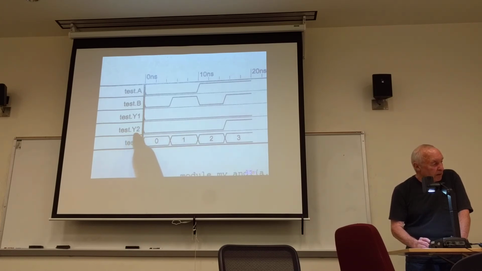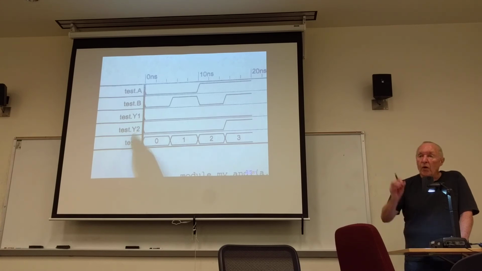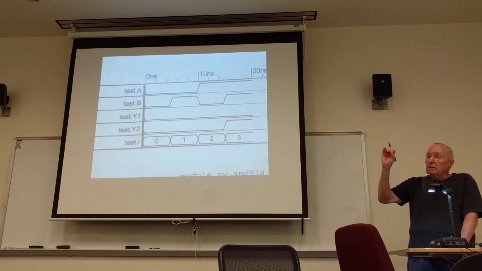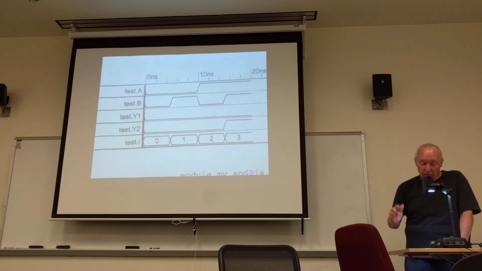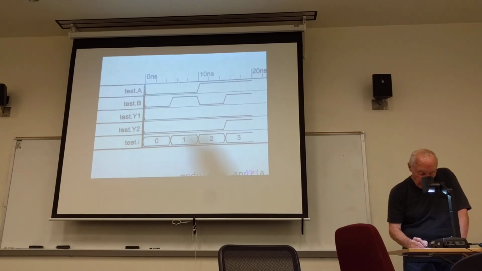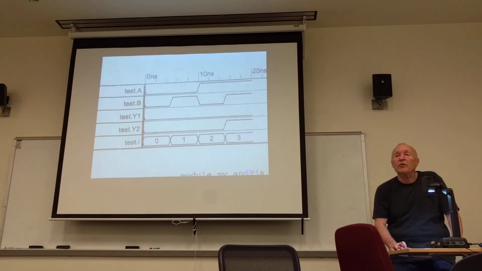Y2 is the correct encoding, where I have A and B both part of the event list, and you can see that only when the input is 1, 1 do I get a logic 1. But you'll notice here I had a logic 0 for all 4 inputs.